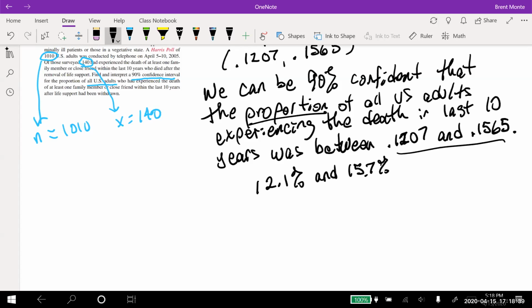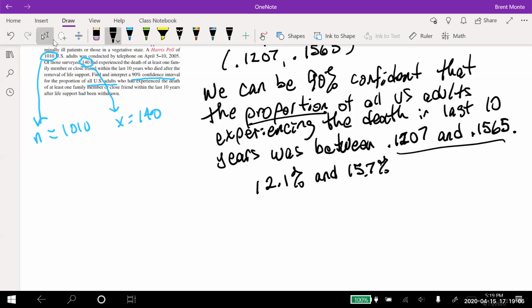Again, I don't know how they're going to ask on the online homework. Typically, they write this out and you just choose the correct one. And they wouldn't give you two. They wouldn't do it as proportion and as percentages and have one of them be correct and one of them be incorrect. So at least there's no worry about that. But a very quick procedure, and since we already know how to do confidence intervals, it actually came up real quickly for us. Okay, we're going to do another one of these.